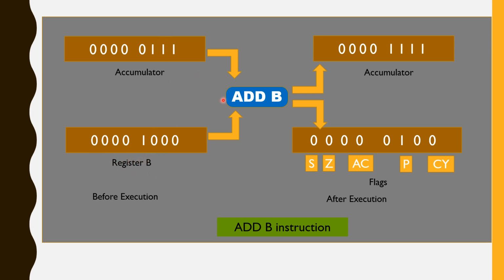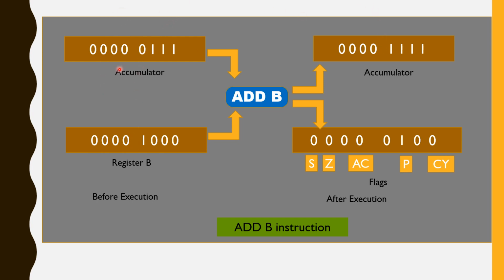Here we are taking the addition operation. The first bit, 1 plus 0 is 1. The second, 1 plus 0 is again 1. Likewise the third, 1 plus 0 is 1. The fourth, 0 plus 1 is 1.